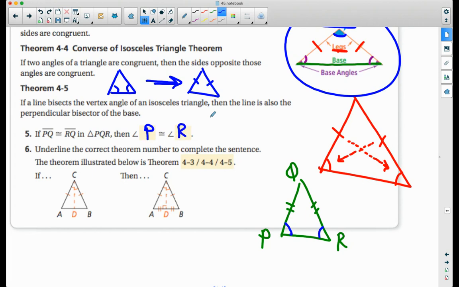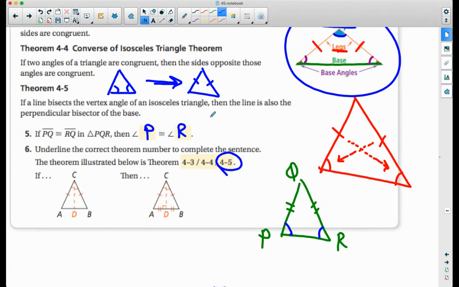Underline a correct theorem number to complete the sentence. The theorem illustrated below is which theorem? Oh, that's going to be theorem 4-5. All right. So let's talk about 4-5. How does theorem 4-5 work?